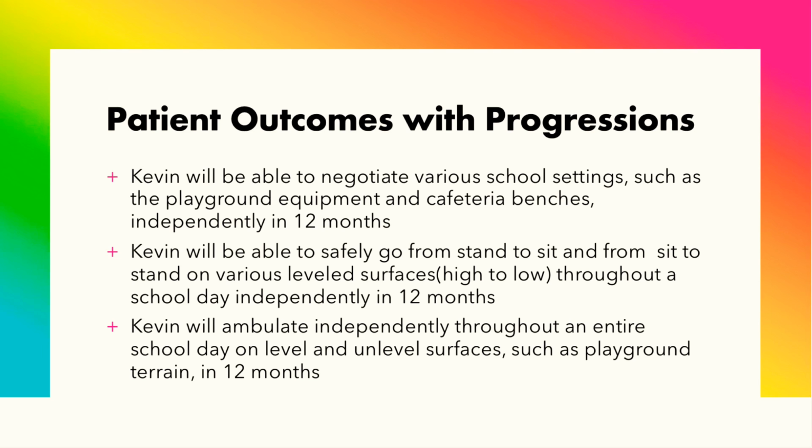And then we're also looking to see him go independently on level and unlevel surfaces such as playground terrain, which we know can vary depending on where you are, park, school. So we'd like to see him achieve all these things in 12 months, and I think it's definitely doable.